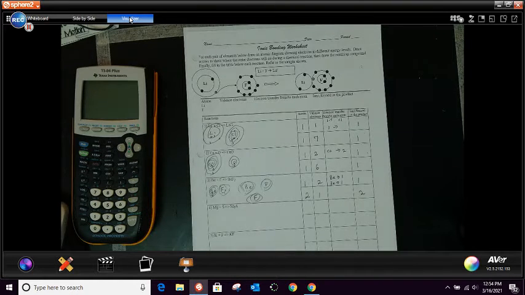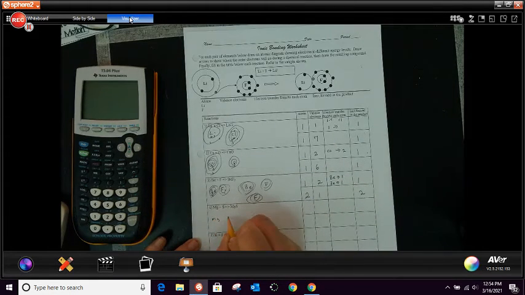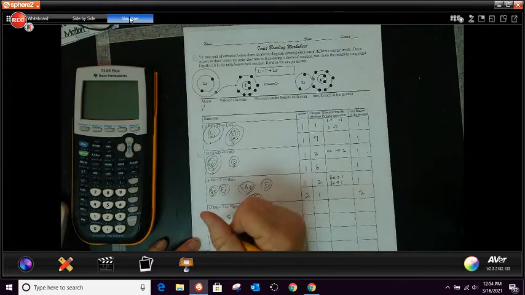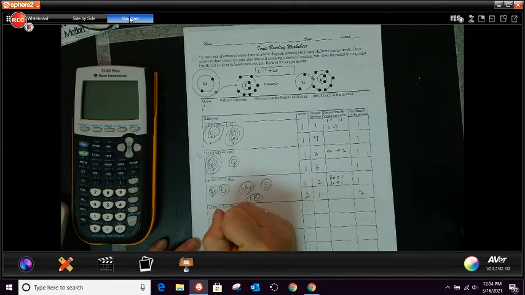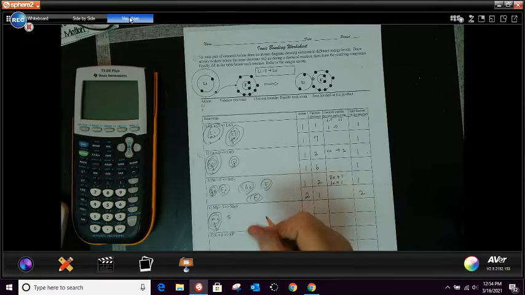Are you ready to move on to number 4? Okay. Number 4, we have Mg and we have S. Magnesium has 3 energy levels. We've got 2, 8, and 2. Sulfur has 3 energy levels.